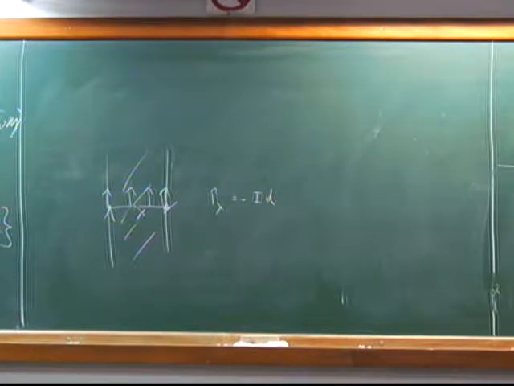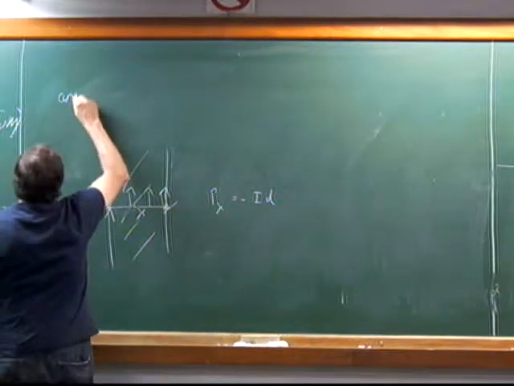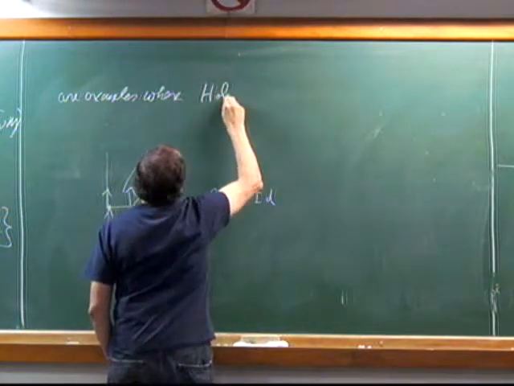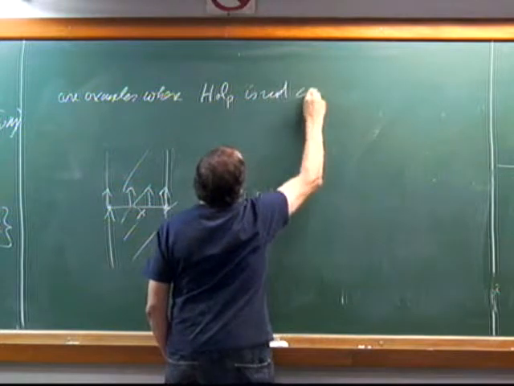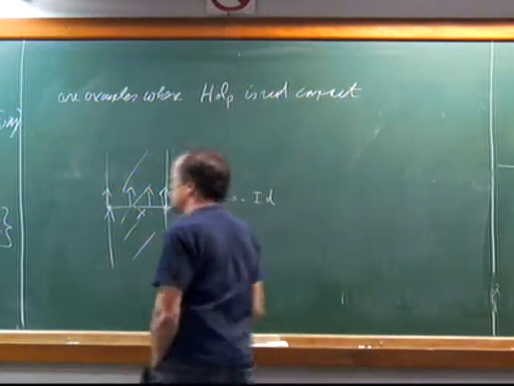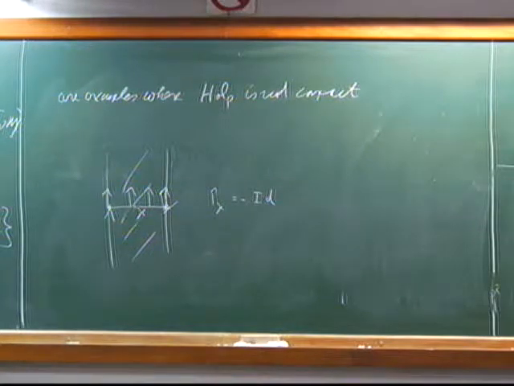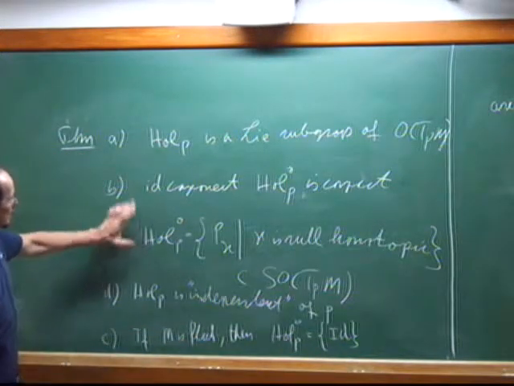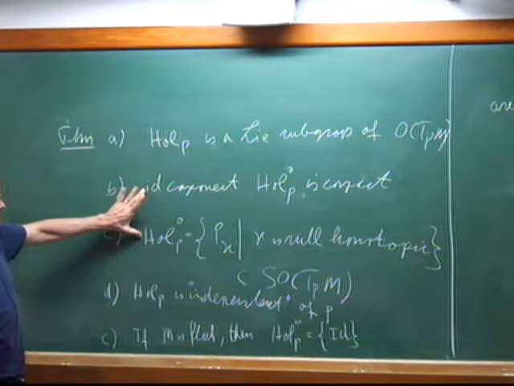What's surprising, and this was a long-standing open conjecture, is that since the identity component is compact, probably the whole holonomy group should be compact, and that's not true. So there are examples where Hol_P is not compact. In other words, there are infinitely many components. Of course, notice that this combination of this and this implies that if M is simply connected, then it is compact.